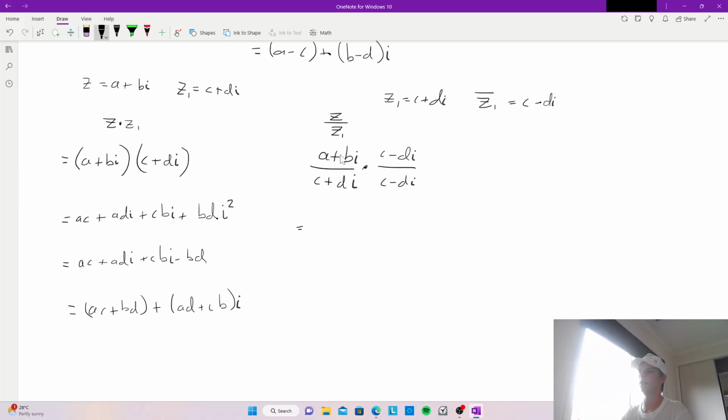So instead of C squared minus D squared, it is C squared plus D squared. So we can write that on the bottom, C squared plus D squared, over A plus Bi, C minus Di. Oh no, that's actually not the expanded version, because we've got the conjugate.